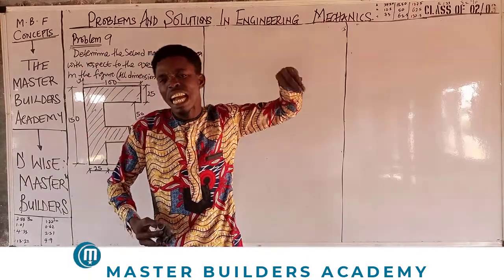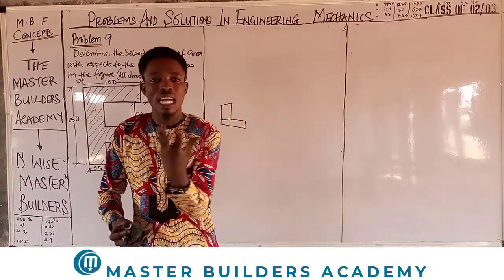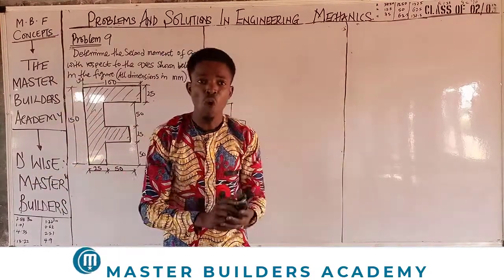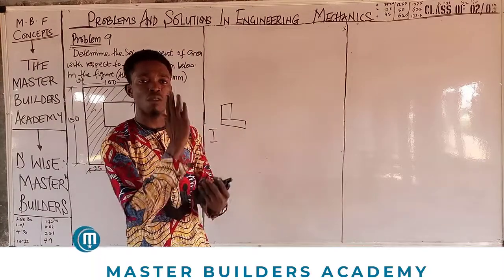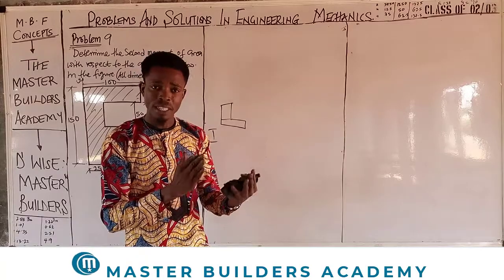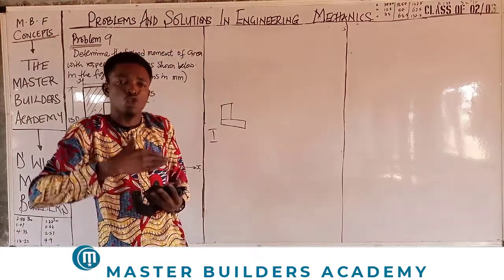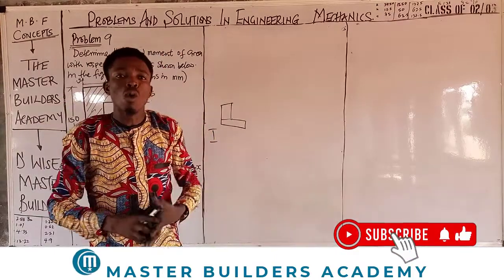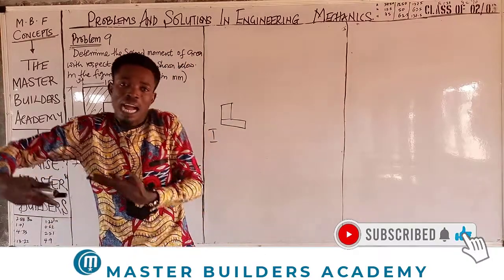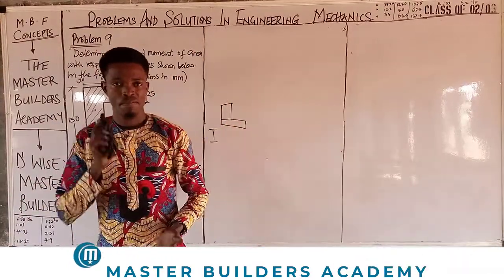Remember when we were treating I section and T section, we mentioned that those two sections are symmetrical about the y-axis, and as a result, we only find the center of gravity that lies in those axes. So this aspect of symmetry helps you to identify whether the centroidal axis lies with the S axis, the Y axis, or both axes.